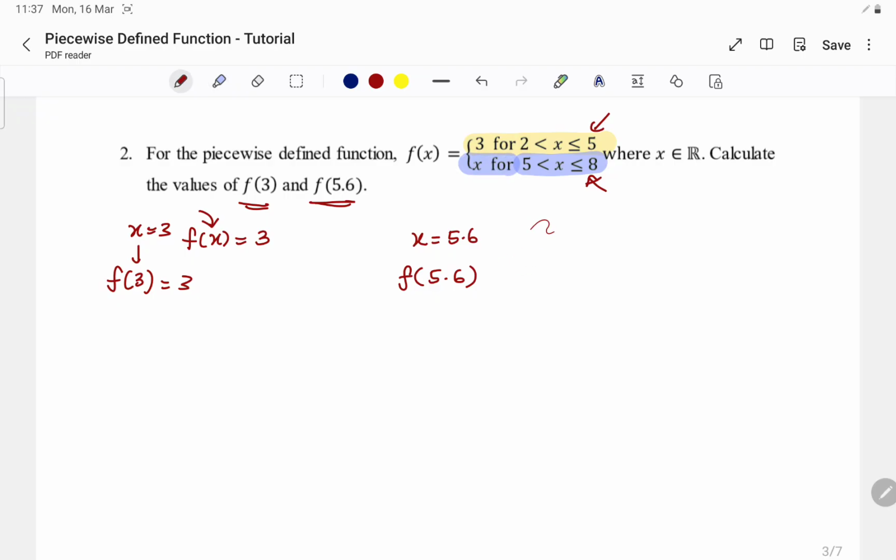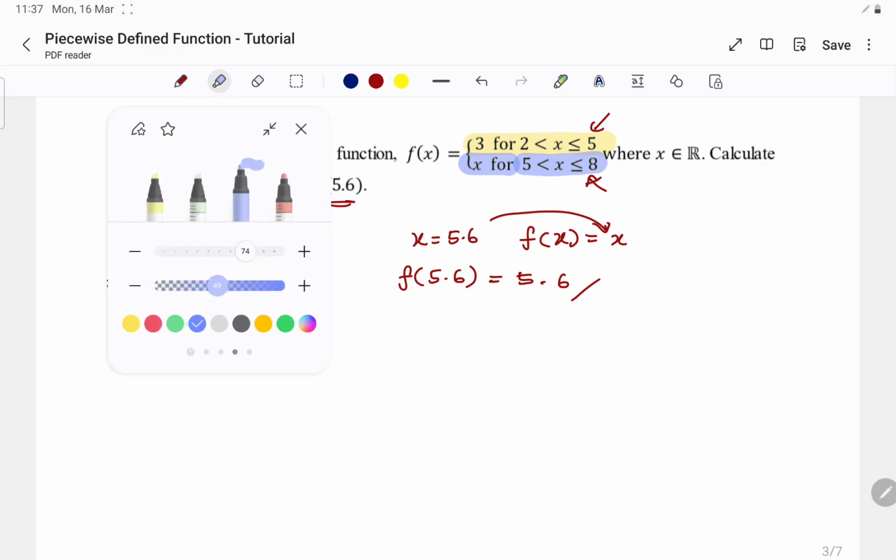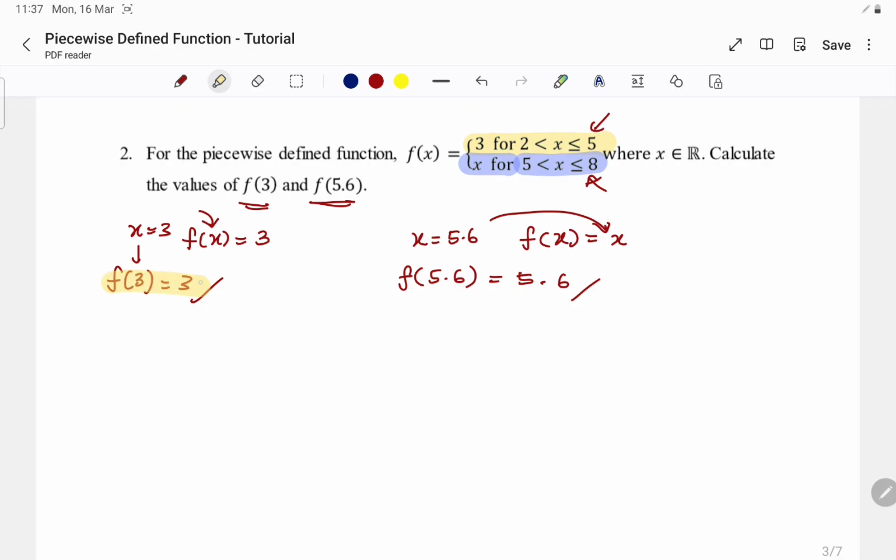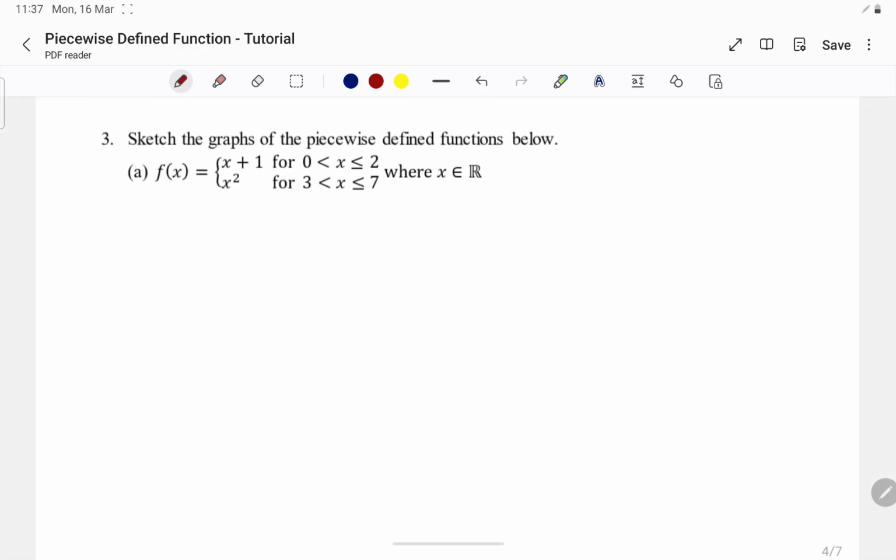Then you substitute the value of x inside, and it becomes 5.6. So the answer for these two questions is 3 and 5.6. So that settles question number 2. Now we will go through question number 3.